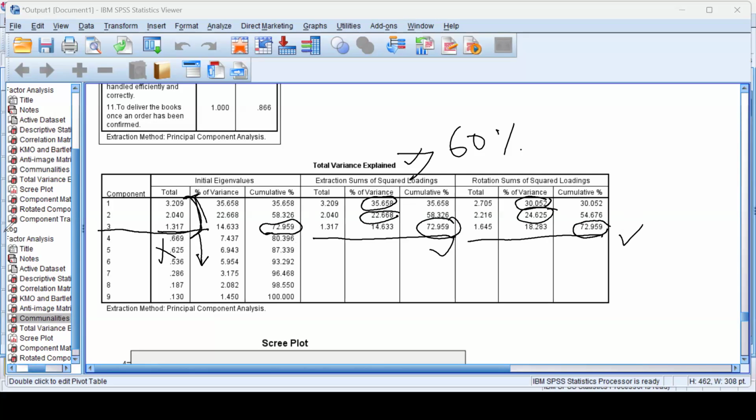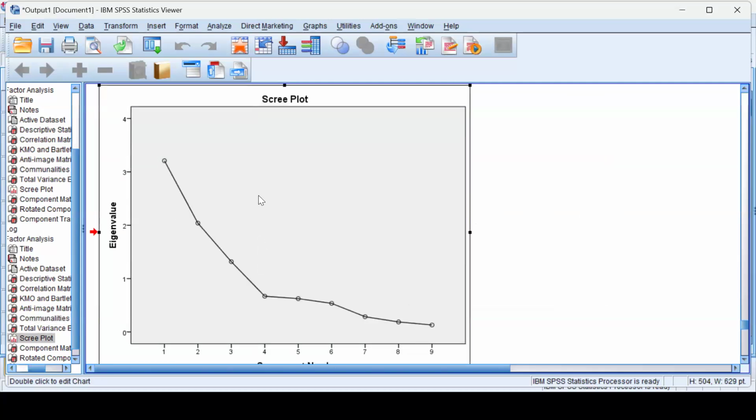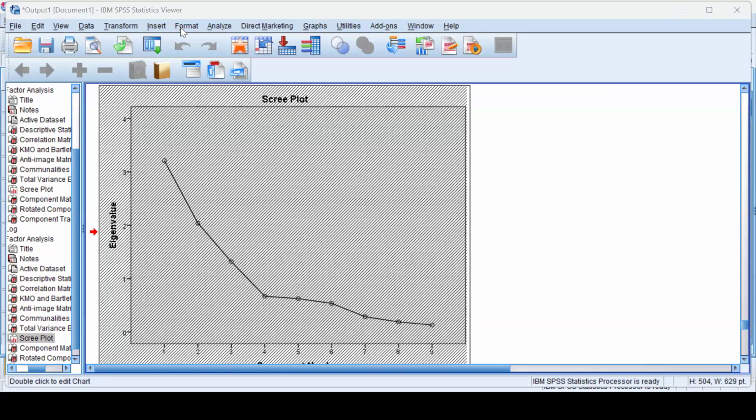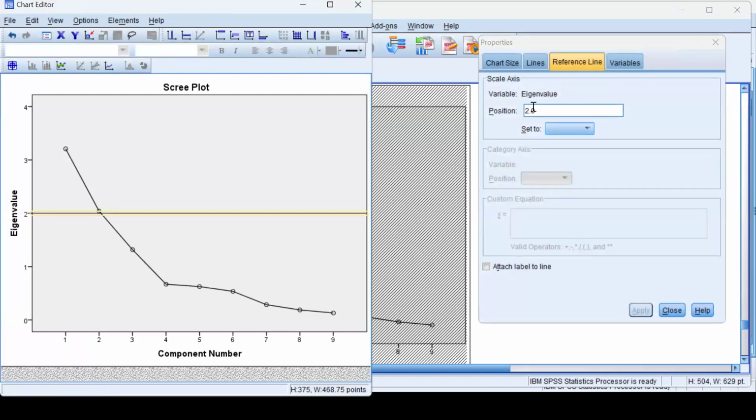तो 3 factors लेंगे, जो कि हमने तीनों चारों criteria से इसको check कर लिया, तो उसमें कोई ऐसा issue नहीं है। Now the next is scree plot. This is my scree plot. You double click it and then press this button, reference line. Here by default it is 2, so you can change it to 1, and then apply.